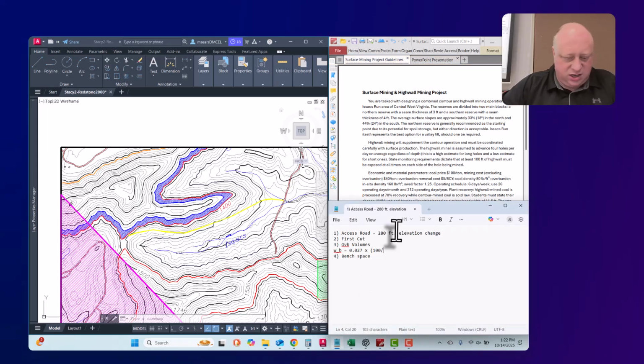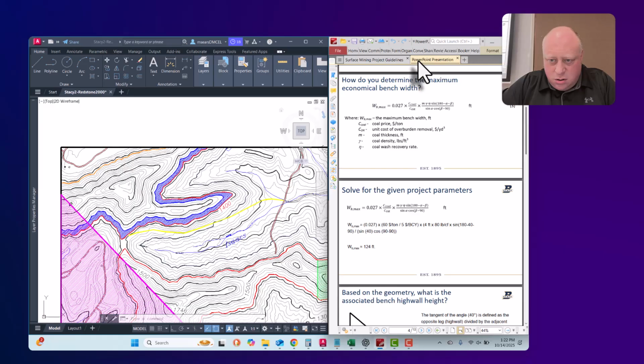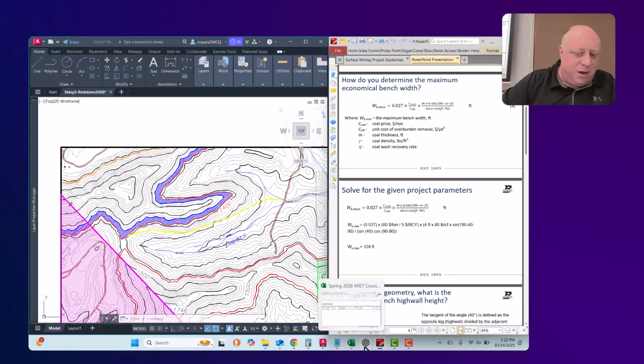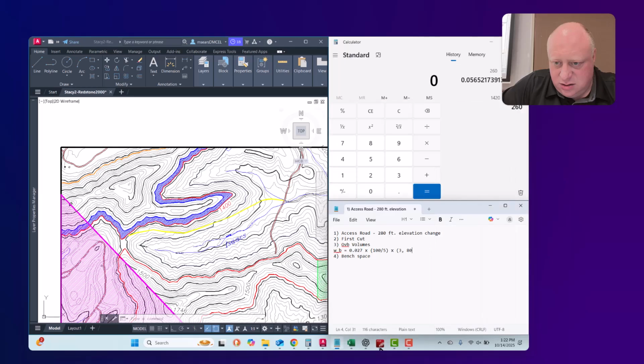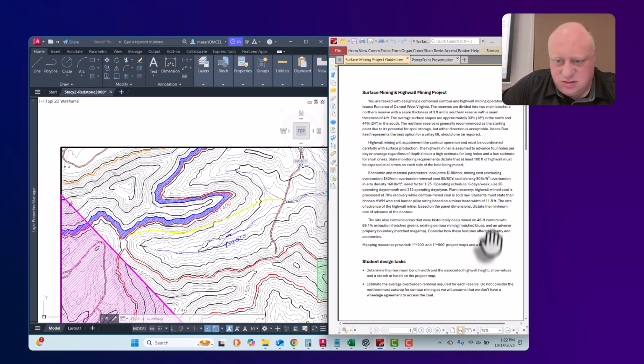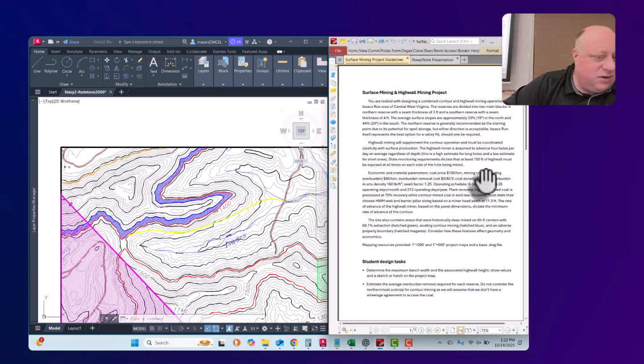So we'll add that in. We'll multiply that by coal thickness, 3 feet. Coal density, probably 80. Let's double check it, because 80 pounds per cubic foot.